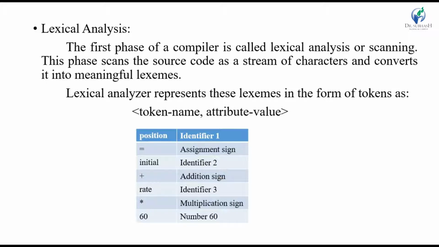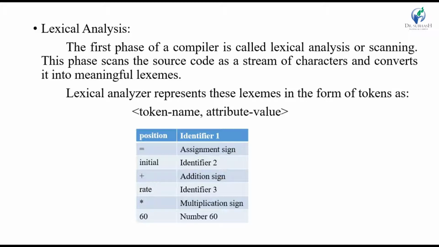The token names are the input symbols that the pass processes. In what follows, we shall generally write the name of a token in boldface, so we will often refer to a token by its token name.